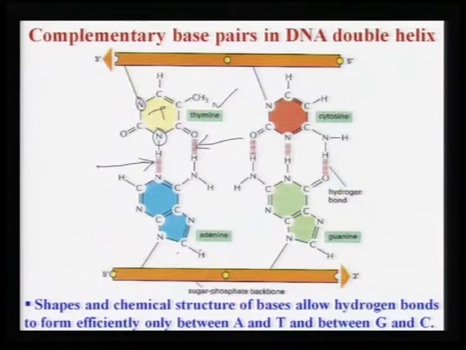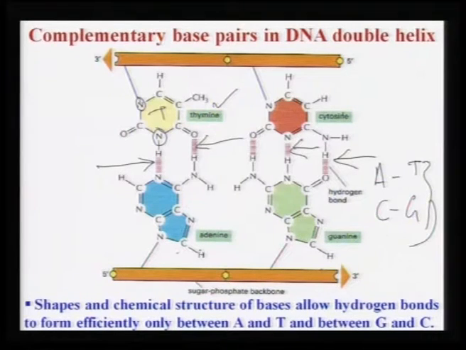Okay. Now, another thing that you notice here is that in this base pairing between A and T, there are hydrogen bonds. So, these are non-covalent bonds or weak bonds. Between C and G, that is also again hydrogen bonds. So, what you notice here is that this AT and CG base pairing is by hydrogen bonds, and one of the uniqueness of hydrogen bonds is that they can be broken if so desired.